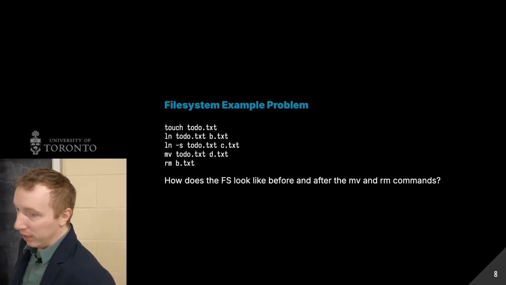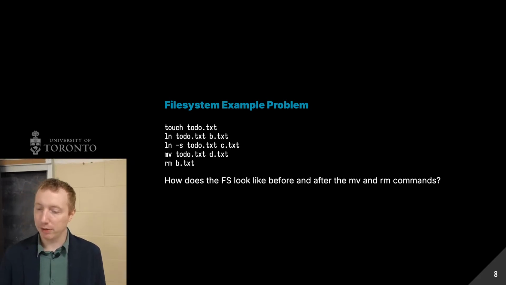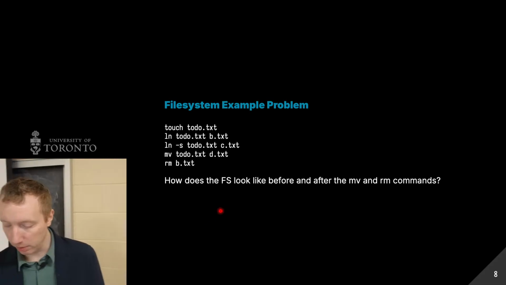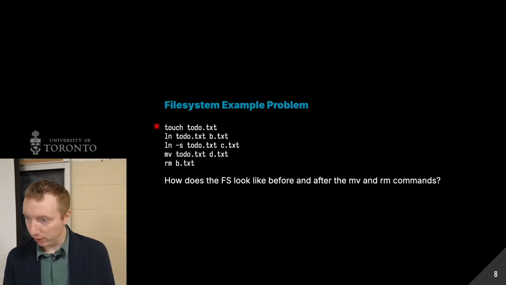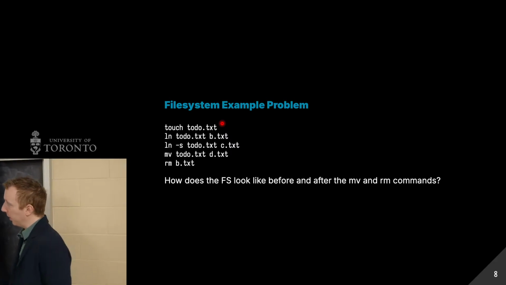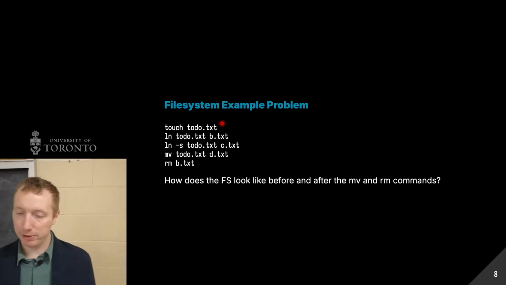So there could be little file system example problems that ask you what the file system looks like before and after some commands. If we do touch todo.txt, that will create a new empty file called todo.txt that gets its own inode.